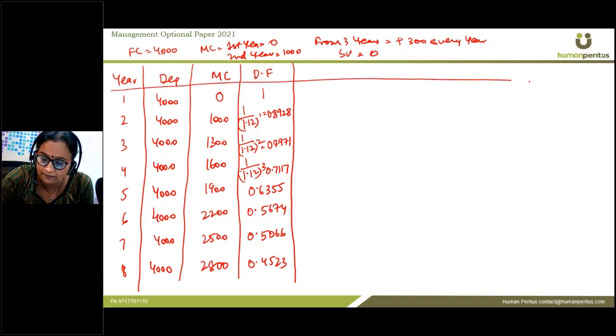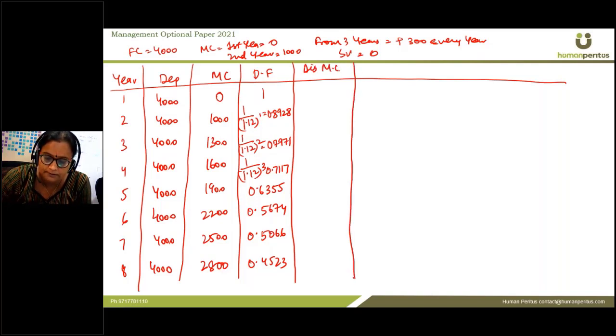Okay. Now the discount factor we have calculated. Now what is the purpose of this discount factor? We need to obtain the value of discounted maintenance cost. So what would be my calculation for column 5? This is my column 1, this is column 2, this is column 3, this is fourth, fifth.